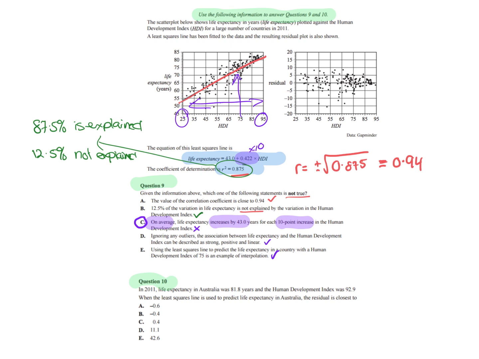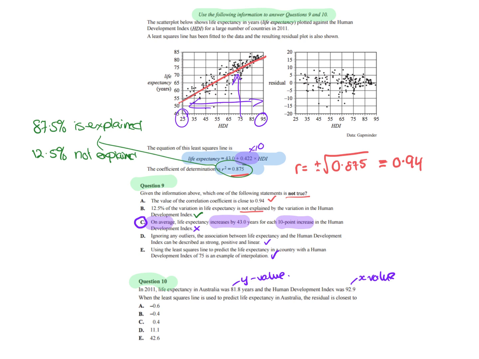Now in question 10, it says in 2011, the life expectancy in Australia was 81.8 years with a human development index of 92.9. So that's the X value given, and this was a Y value given. So this was an actual data point.